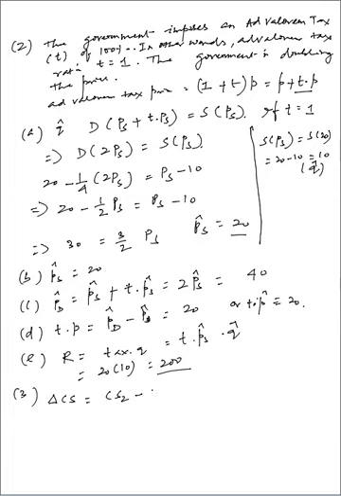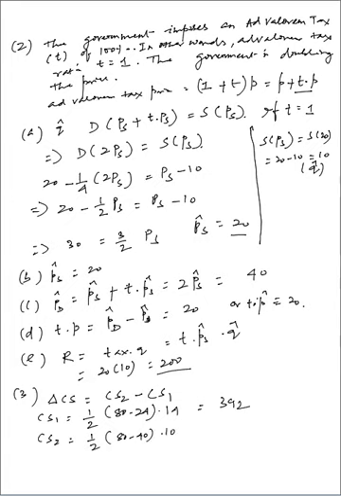So CS1, how will you find it? It will be half times 80 minus 24 into 14, that will be 392. CS2 will be half times 80 minus 40 into 10, that is 200. So delta CS will be 200 minus 392, that is minus 192. So this is your change in consumer surplus.